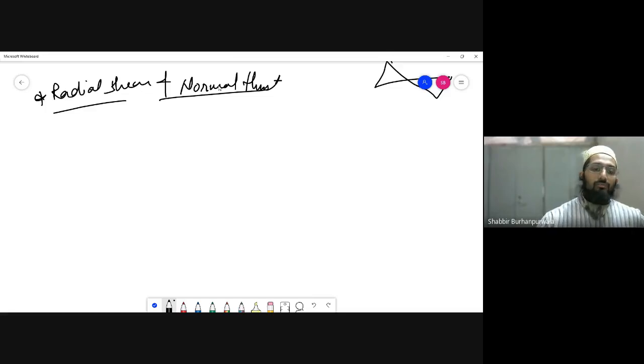So location is 5 meters from the left support. The location for this particular section is given to us and that location is 5 meters from the left support. Okay, so let us take that particular point and then consider it.